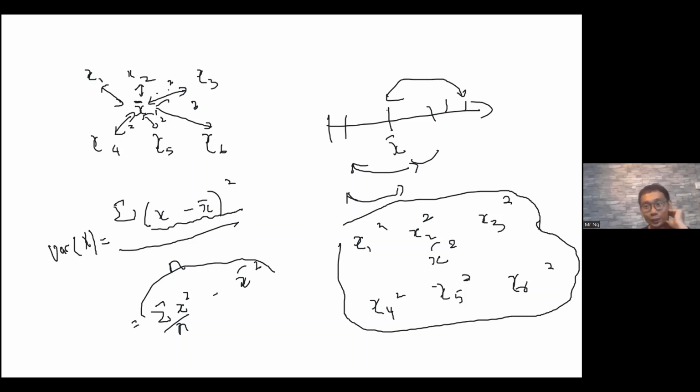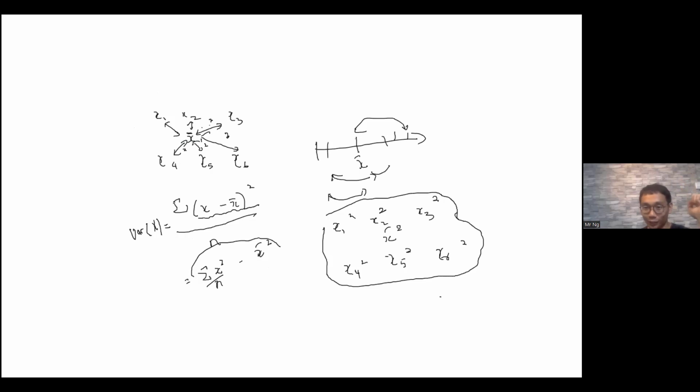Why am I going through this? It is to tell you what is variance. After you know what is variance, variance is variance. Then there is population and there is sample.